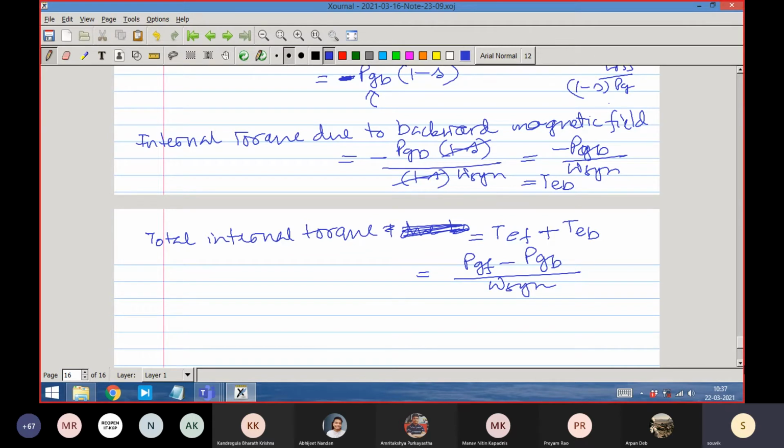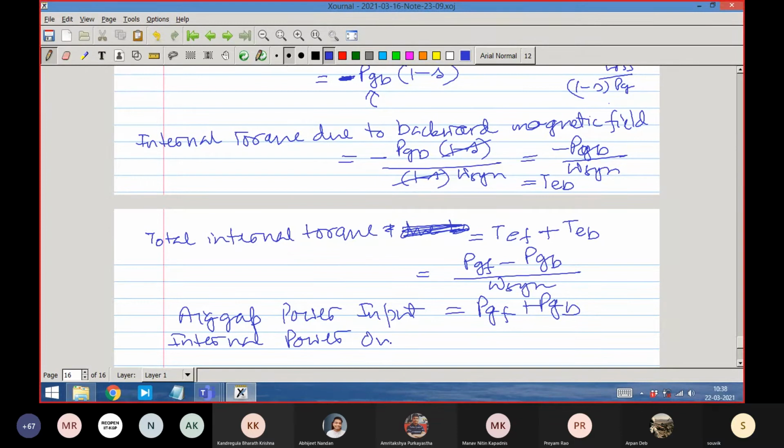So what we know is that the air gap power input is equal to PGF plus PGB, but the internal power output is equal to PGF minus PGB.